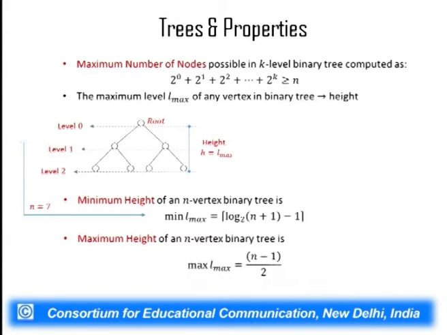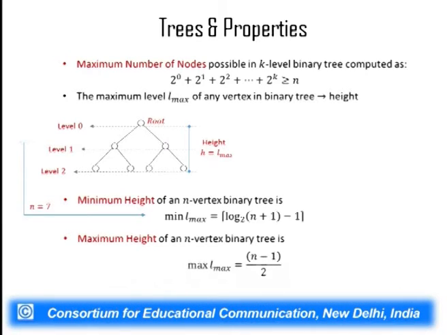So here the minimum height given this many number of nodes, as in our case it is 7, what could be the minimum height of the tree? Okay. So don't get confused with the L max and minimum height, because given the different arrangement of the tree, the height can vary from a minimum to maximum, that we will see shortly.